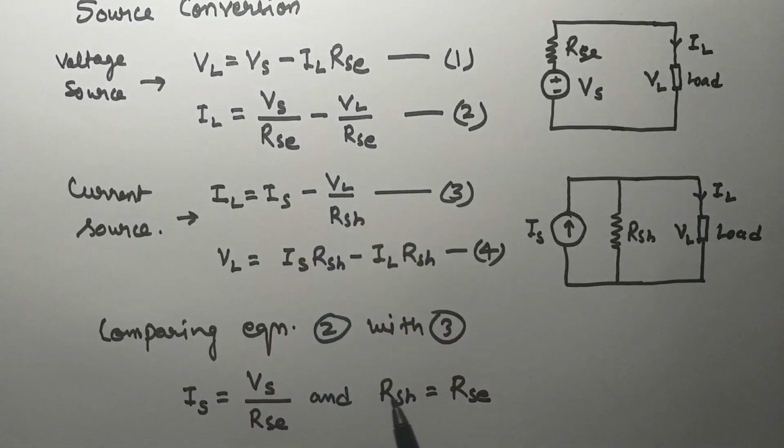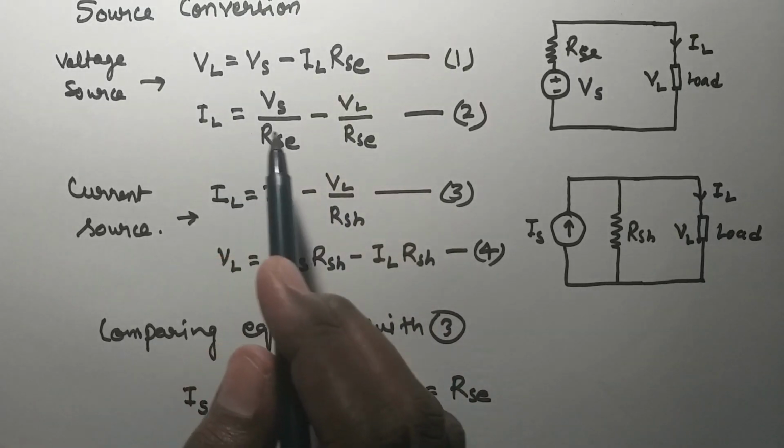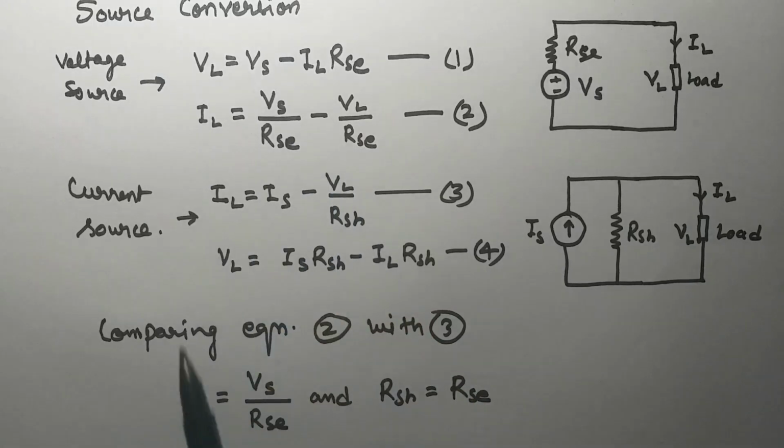So comparing these two, we have found that we can write a current source equivalent to this voltage source, whose source voltage value is given and series resistance is given. Then we can write its equivalent current source as Is is equal to Vs upon Rse, and parallel resistance value Rsh will be equal to Rse.